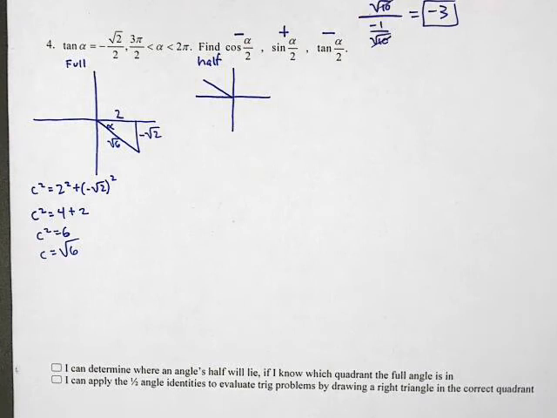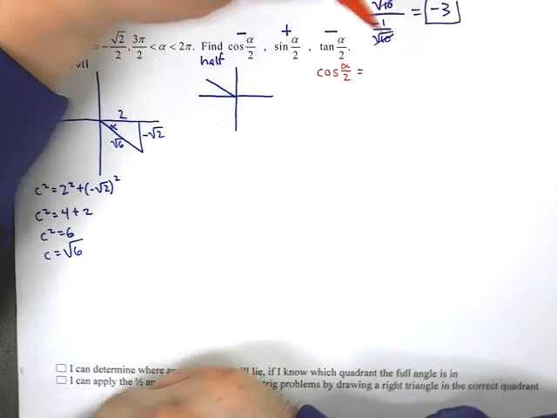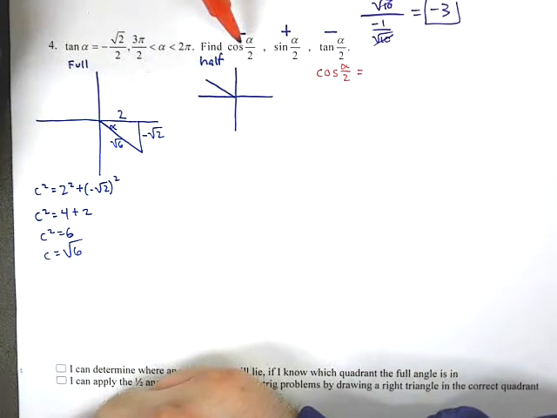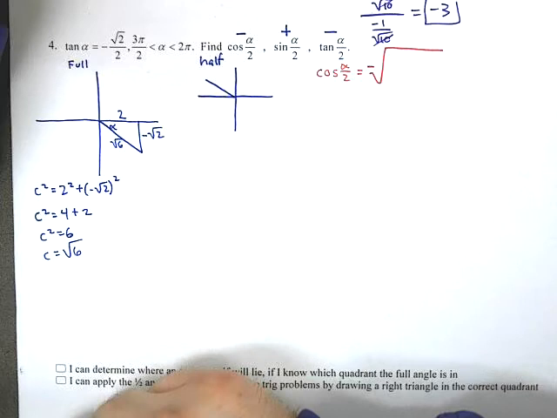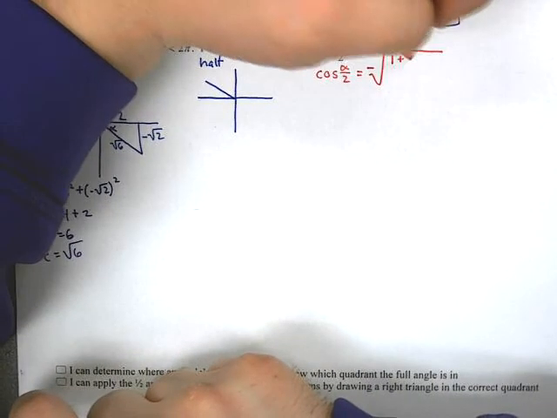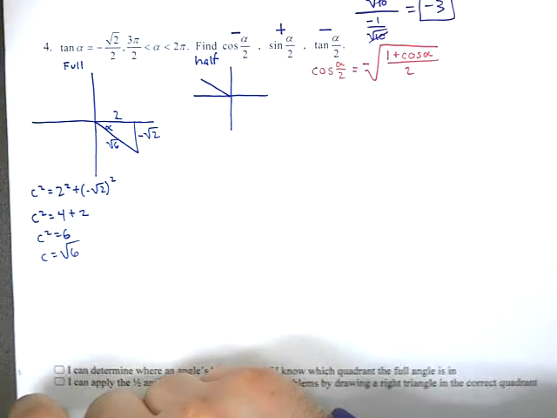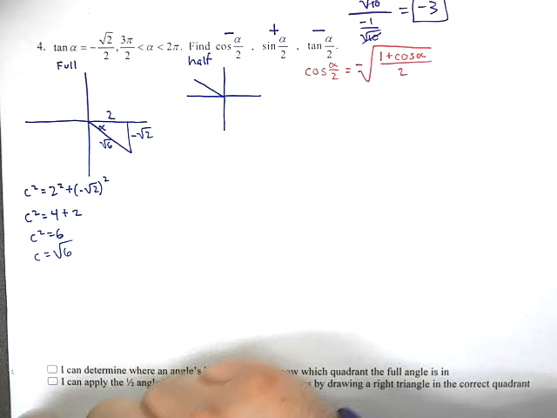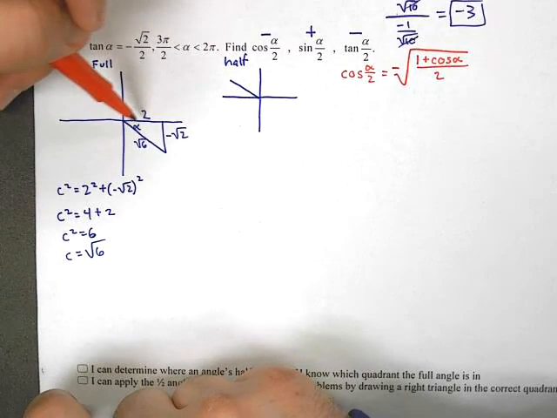So, let's take a look here. Cosine of alpha over 2. We know that the cosine is going to be negative, so I'm going to just put my negative there. I know that I have to do 1 plus cosine of the full angle over 2. The cosine here is going to have to be adjacent over hypotenuse, so 2 over root 6.